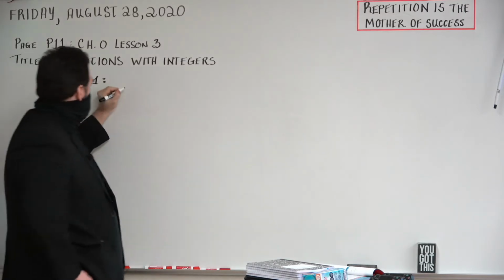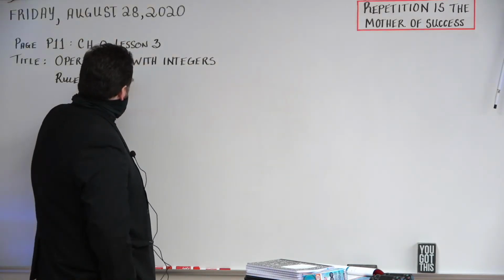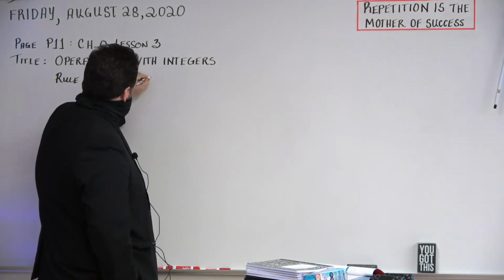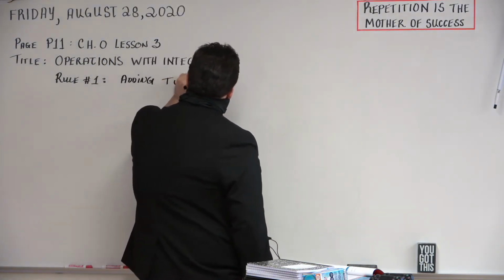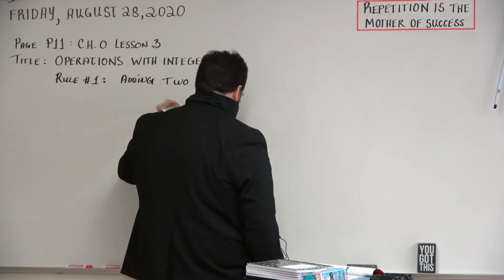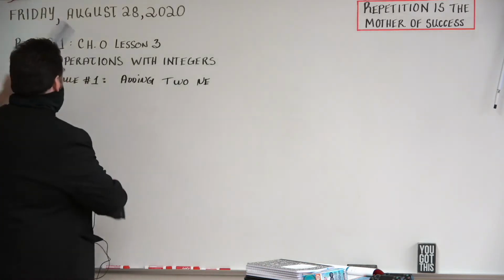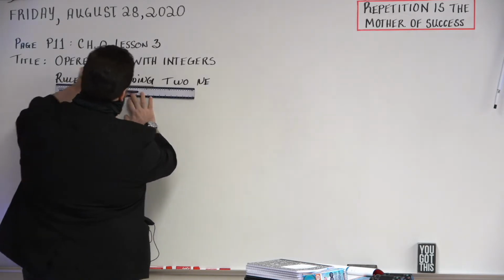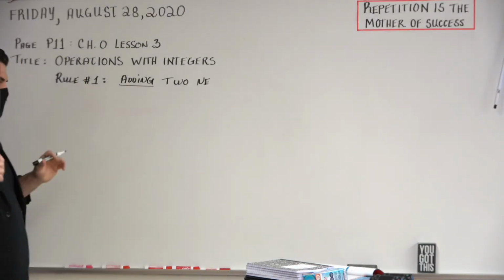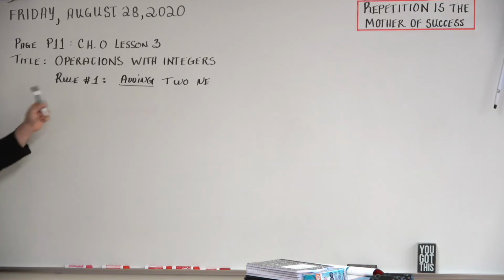Adding two negative numbers. Now this is key. I want to underline the word adding here. Many people will start to think of a rule about multiplication, but I'm writing the rule about addition.